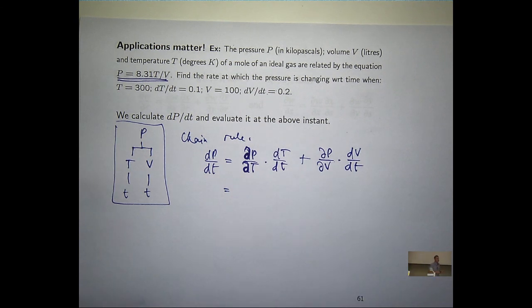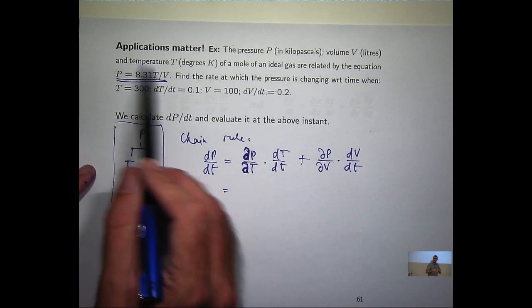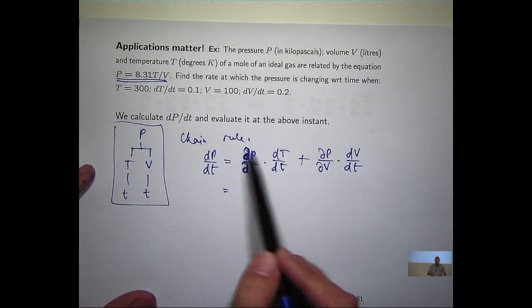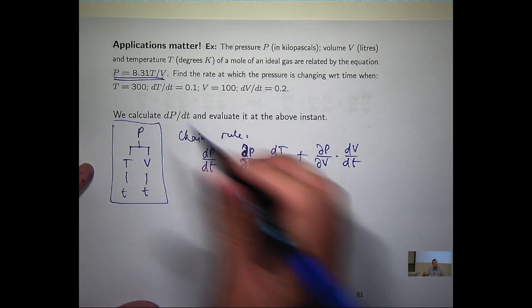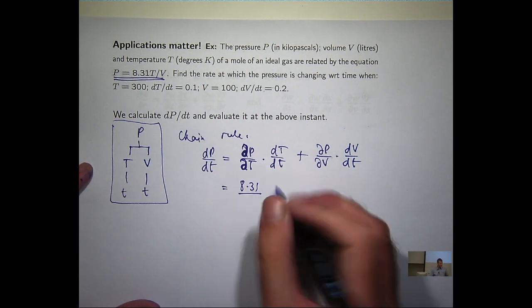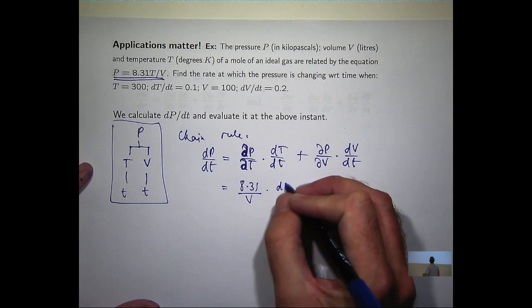Okay, well, we don't know what big T is, and we don't know what big V is, but we can do some of these differentiations. I have this relationship here, so I can work out that derivative and that derivative. If I differentiate partially with respect to T, I'll get that.